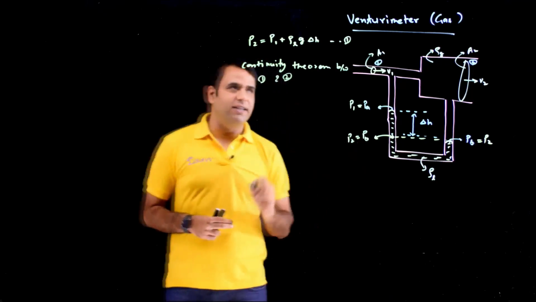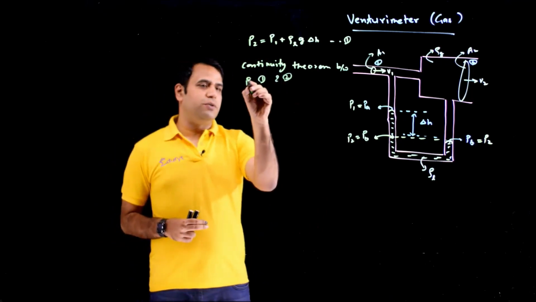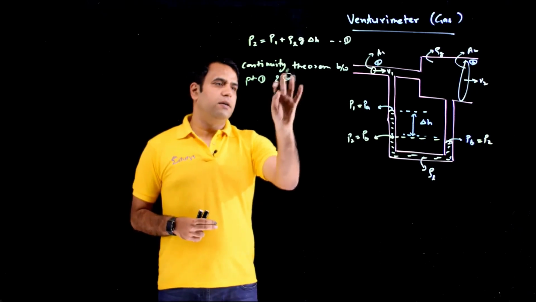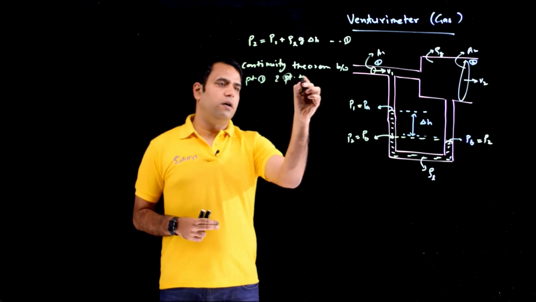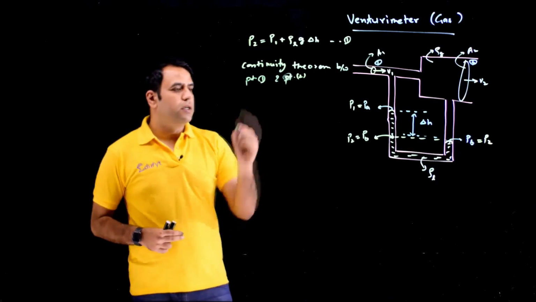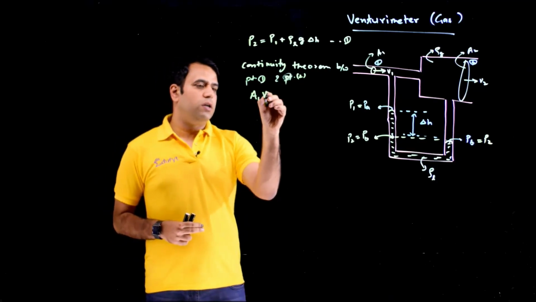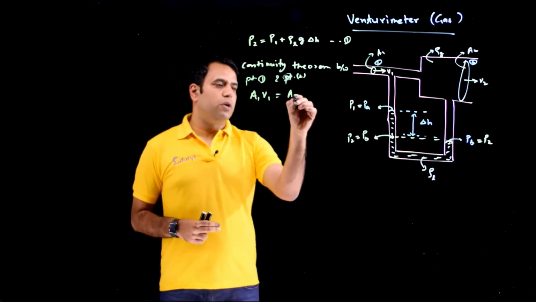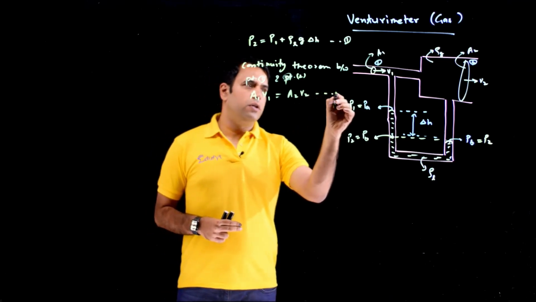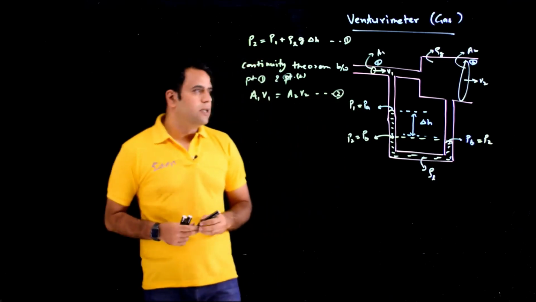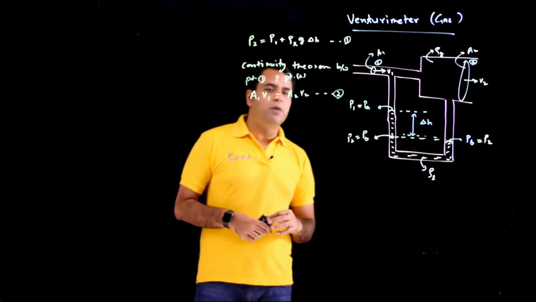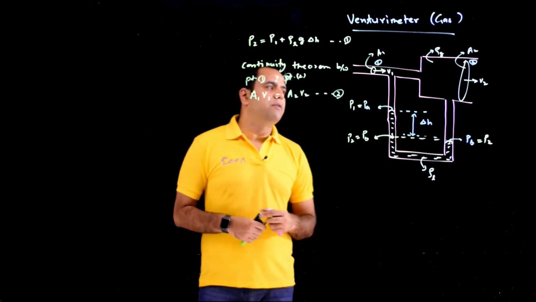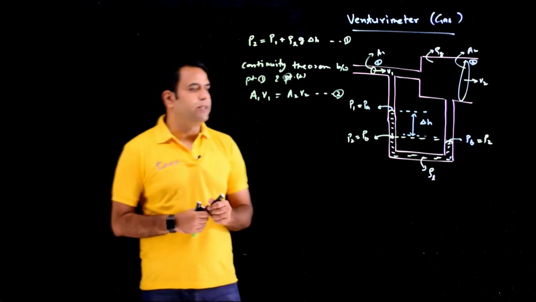These are the points, not the equations. So it will be A1 V1 is equal to A2 V2. This is my equation 2. So the area of cross-section multiplied by the velocity at point 1 and the area of cross-section multiplied by the velocity at point 2 are equal.